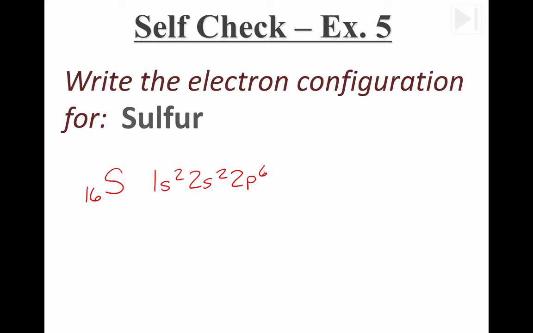I'm going to keep writing until I get 16 electrons, so that's 10 so far. This gives me 2 more, that's 12. And in the 3p, I will not need to fill up this sublevel. I only need 4 more electrons to make 16. Again, if we add up all of these numbers up here, we'll find out that they make 16. We have correctly represented the electrons in a sulfur atom.